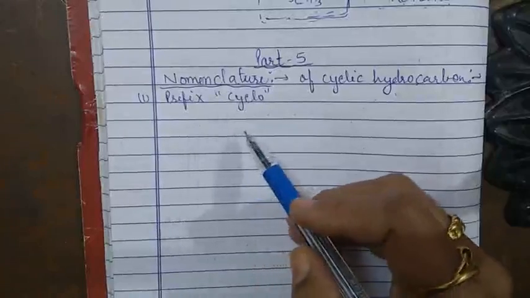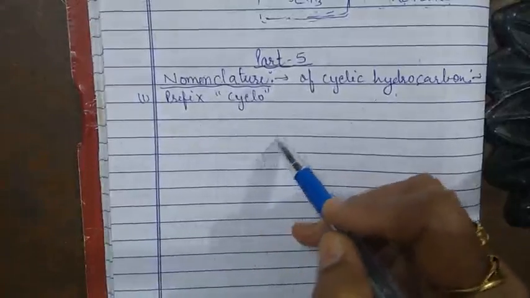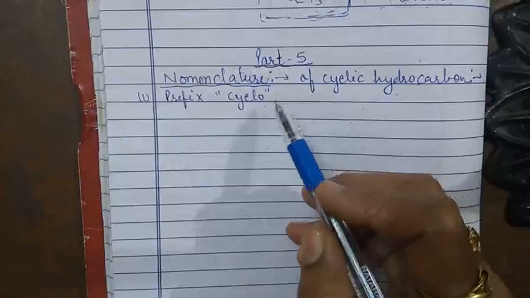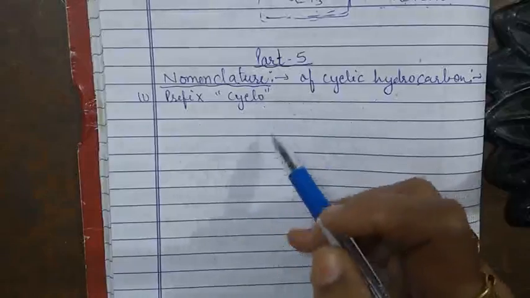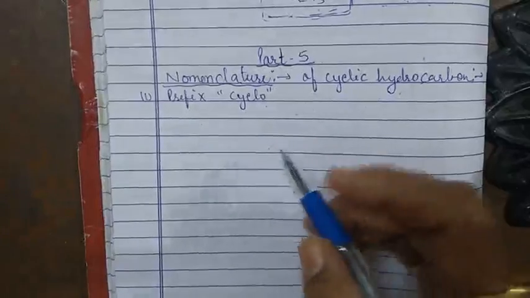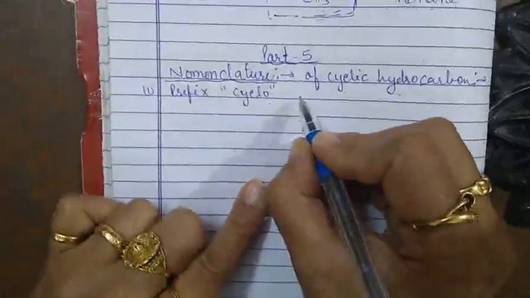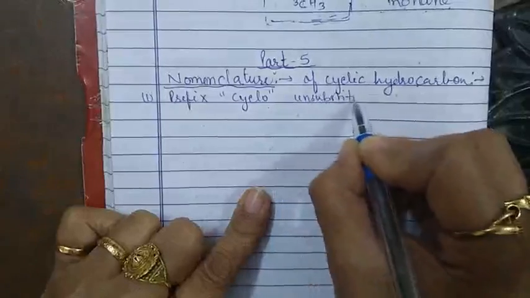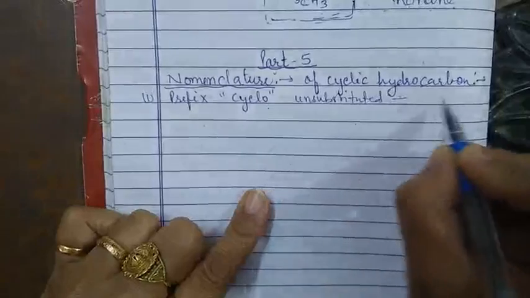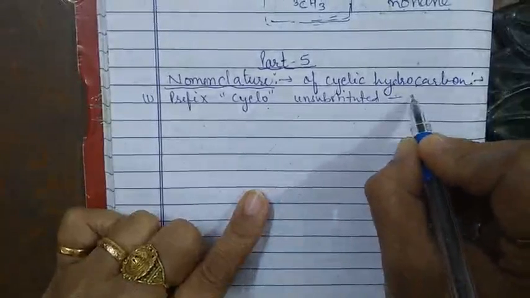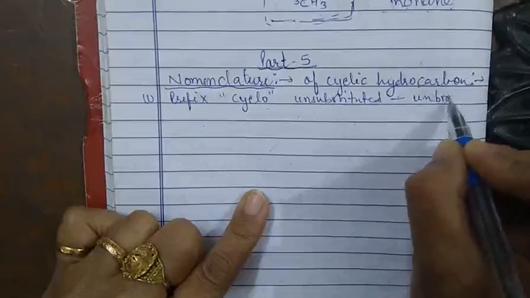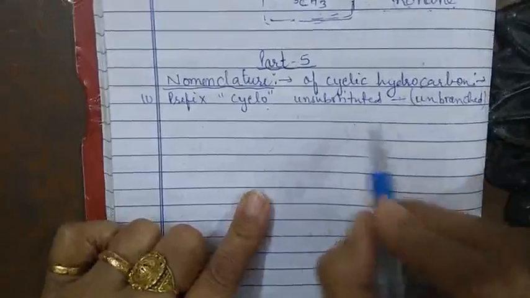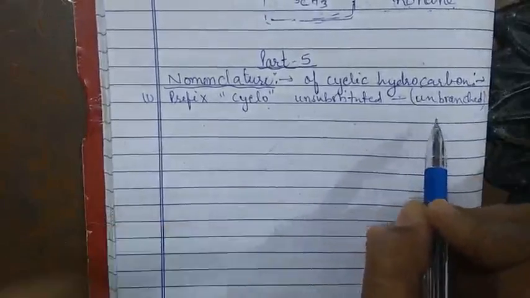The prefix cyclo is added to the name of the corresponding straight chain alkane if the hydrocarbon is unsubstituted. The meaning of unsubstituted is unbranched.